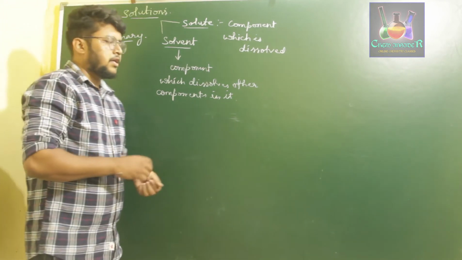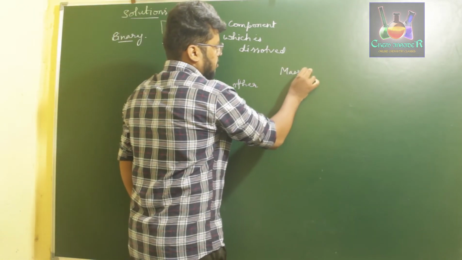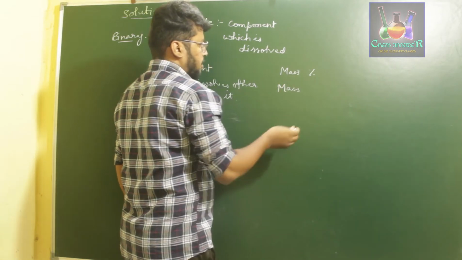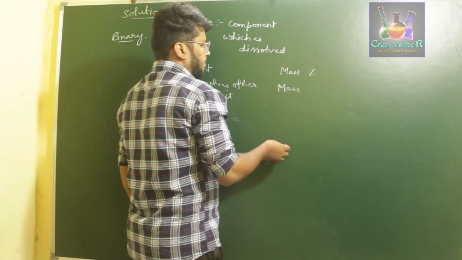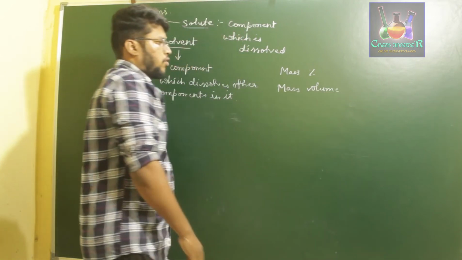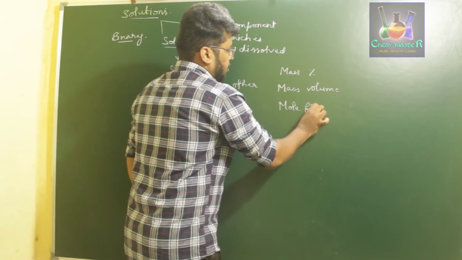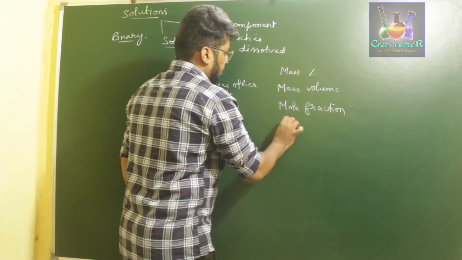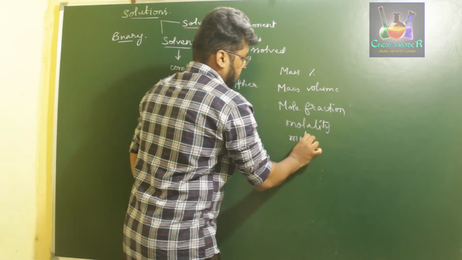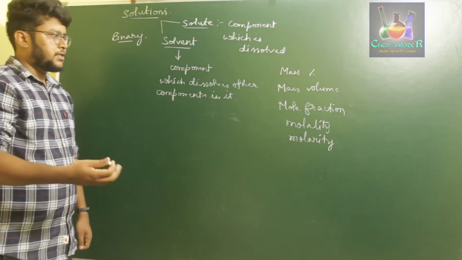For example, as we have discussed in class 12, there are several types like mass percentage, mass by volume percentage, mole fraction, molality, and molarity, etc. So we have these different concentration expression terms.